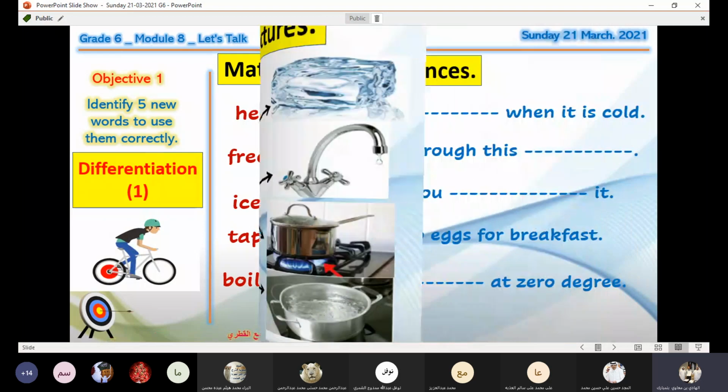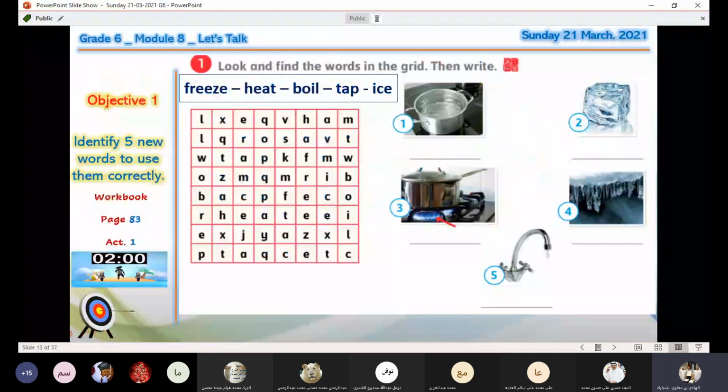Very easy, actually. Very good. Now I want you to open your workbook, page 83. Your books are already opened. Focus on exercise 1, page 83 workbook. Okay, activity 1.